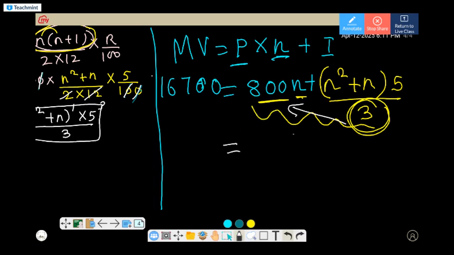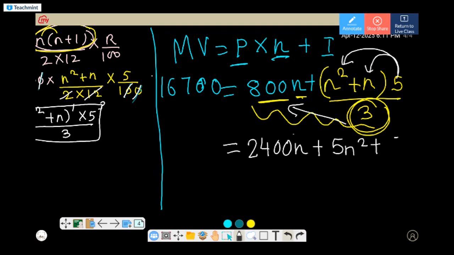This 3 into 800 will become 2400n plus the remaining as it is, and we are also going to open up the bracket here. 5 into n square will become 5n square, and 5 into n will become 5n, and then you can give a common denominator, because you have multiplied this 3 and this 800, so that the denominator is taken common.